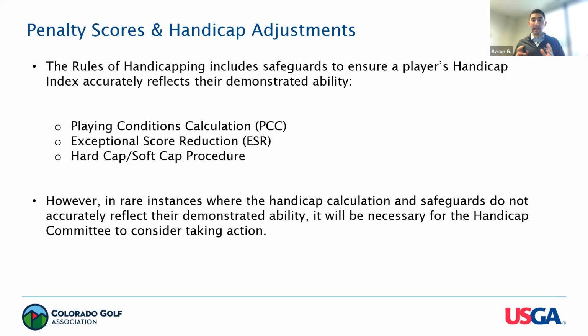However, even if those three things have been used and there's still some question about a player's handicap and their potential and demonstrated ability, it is up to the committee then to go in and make adjustments as needed. Or it is recommended that the committee consider taking action if necessary.